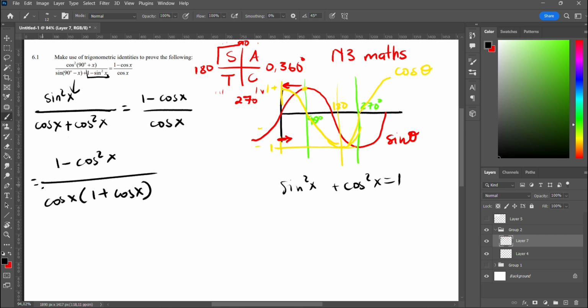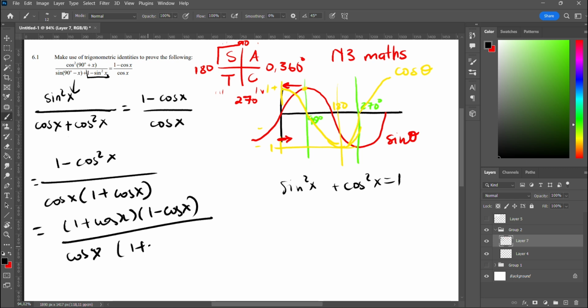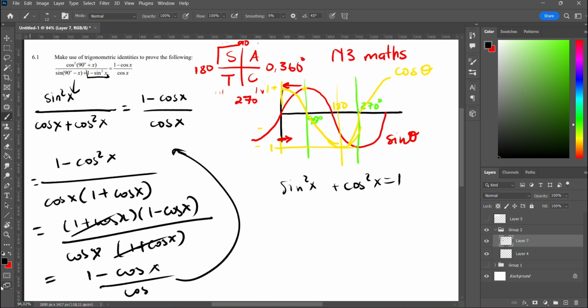If you know where this is going, this would be 1 minus cos x, 1 plus cos x over cos x, 1 plus cos x, and this minus that. That means this is 1 minus cos x over cos x. So you did prove the identity.